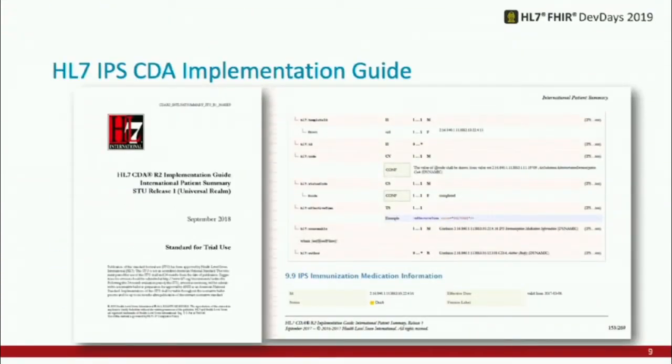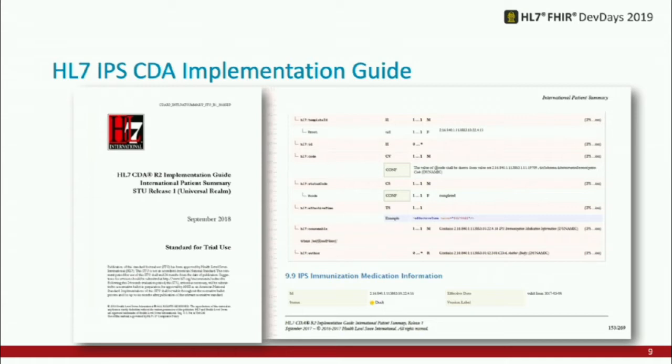So we started working on the CDA guide first, and we have a published version of that as of September 2018 as a standard for trial use in HL7. That's just a little snippet of what it looks like, but it's out there. It's available as a standard right now.